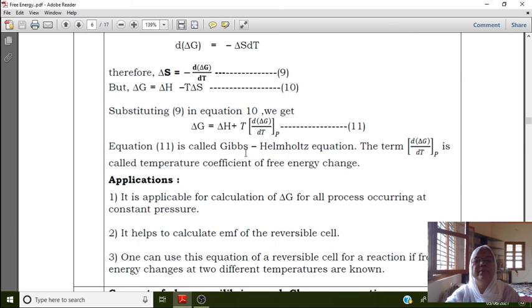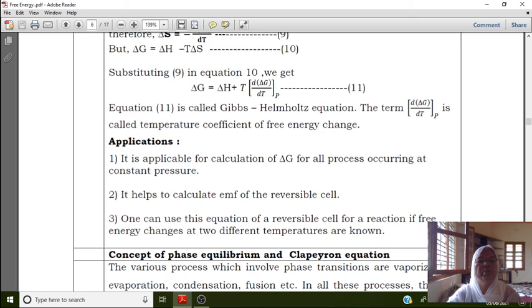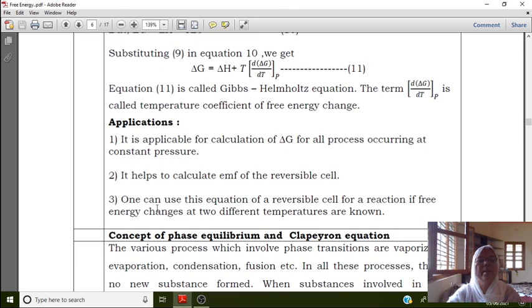Okay. Then the applications of the Gibbs-Helmholtz equation. It is applicable for the calculation of delta G for all processes occurring at constant pressure. It helps to calculate the EMF of a reversible cell. One can use this equation for a reversible cell reaction if the free energy changes at two different temperatures are known.